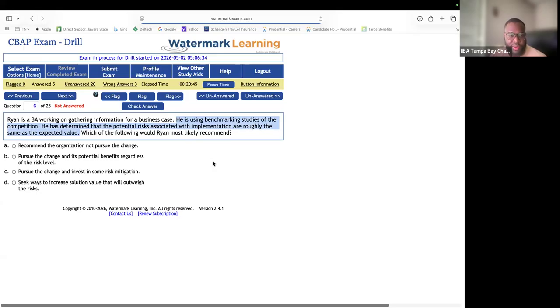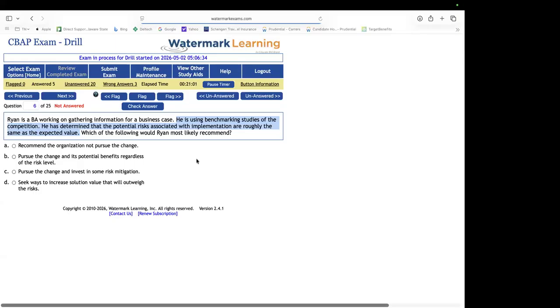Let us give some time to reflect on it and we can start by eliminating. I would say C, because pursue change and invest in some risk mitigation is the best one.